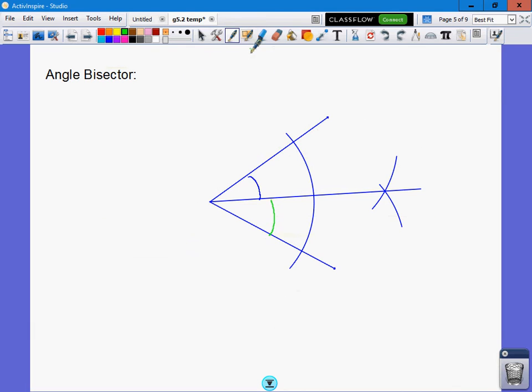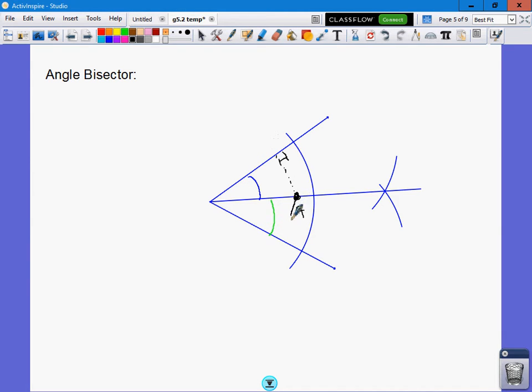So I'm going to pick a point. That's here. To measure the distance from here to here, I have to make it so that this would be a right angle. It's going to be the shortest way to get from this point to this segment.